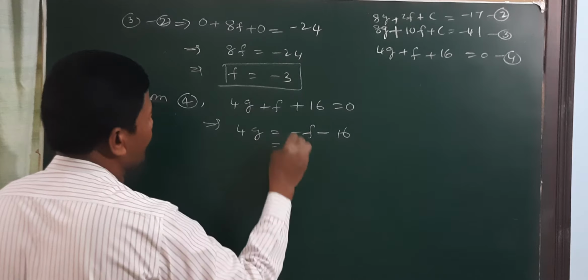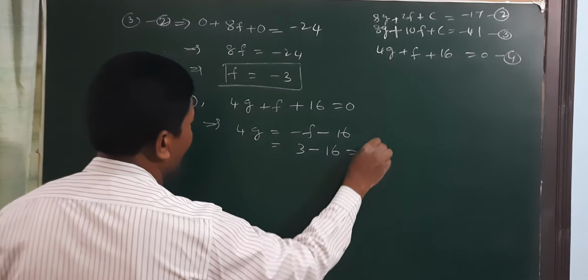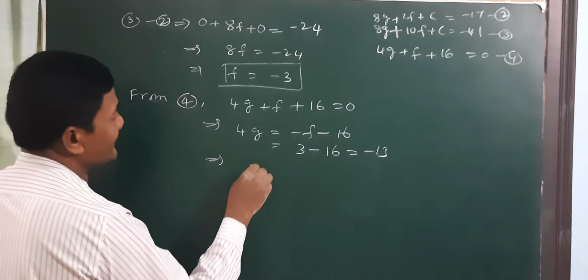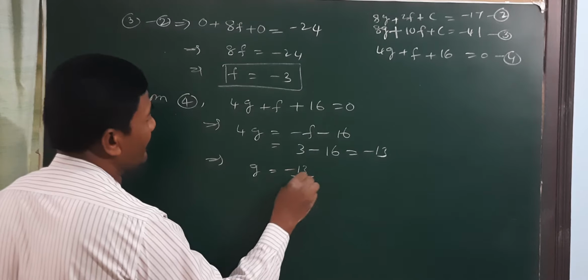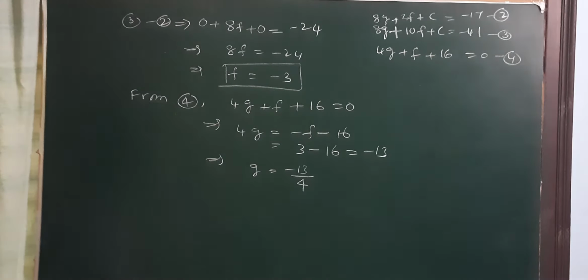F is already minus 3, so minus f is plus 3, minus 16. This is minus 13. That implies g is equal to minus 13 by 4. This is the g value.